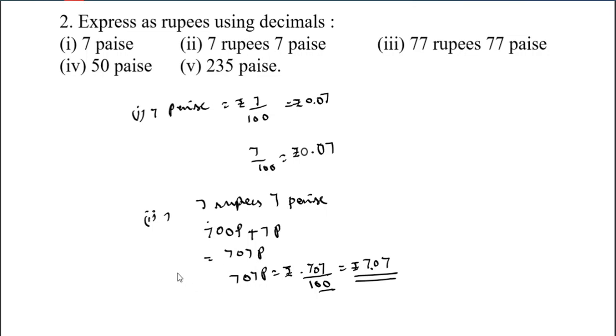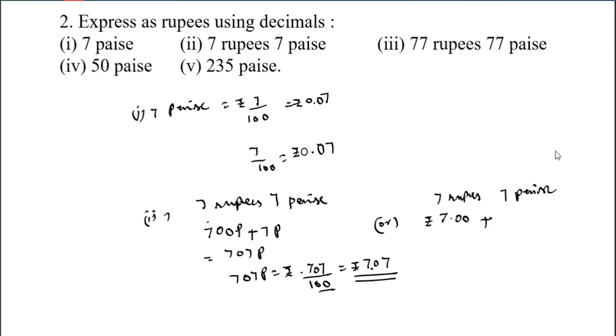Now we can do the same problem another way. 7 rupees 7 paisa. Here we converted rupees into paisa; now we will convert paisa into rupees. 7 rupees is 7.00 rupees, plus 7 paisa.